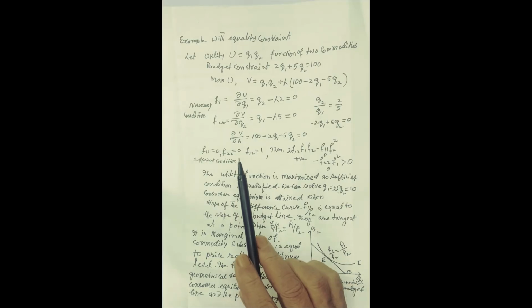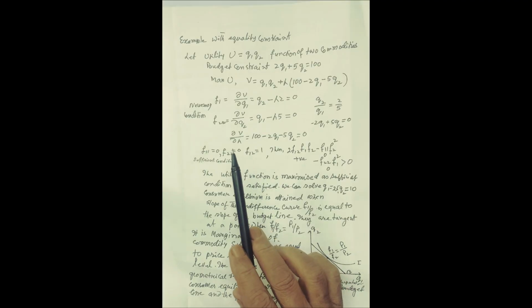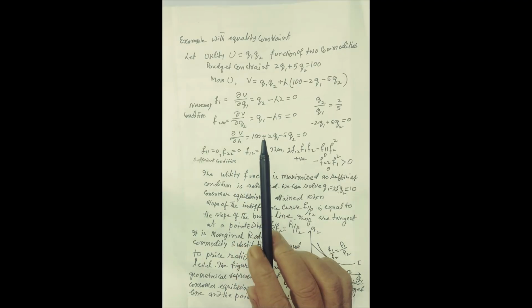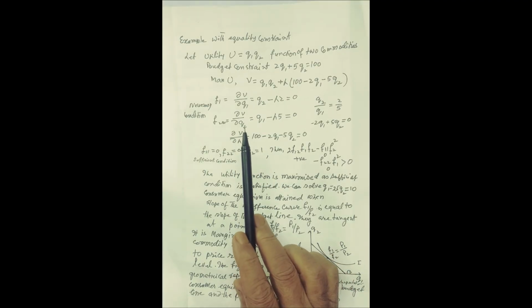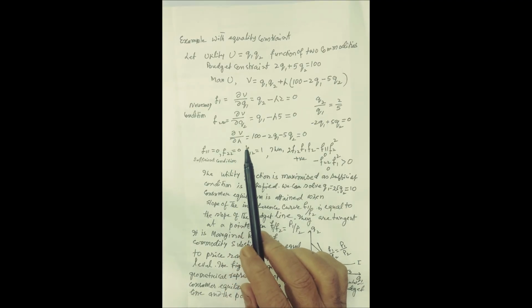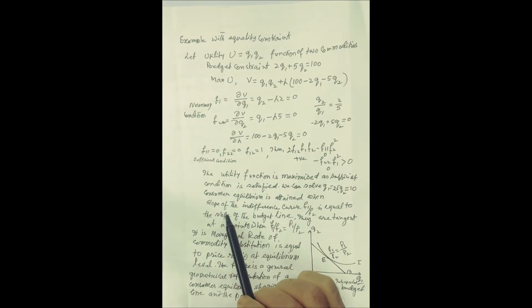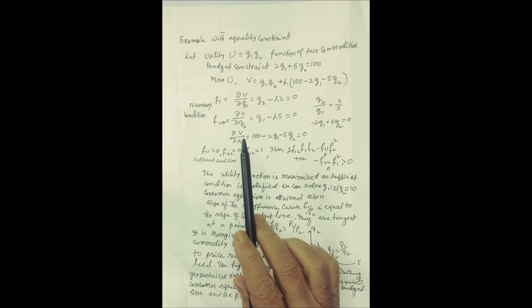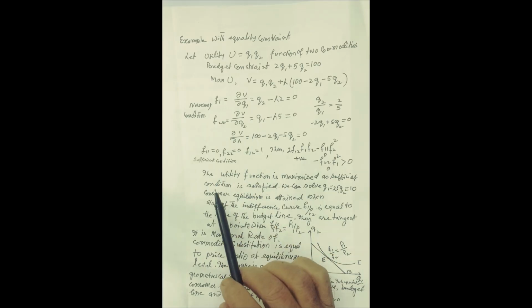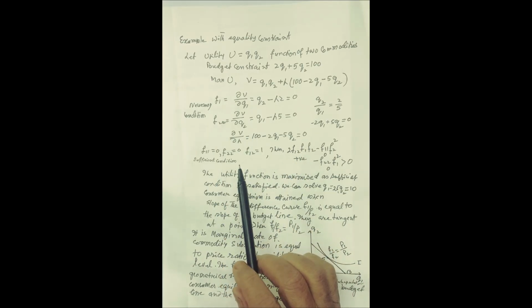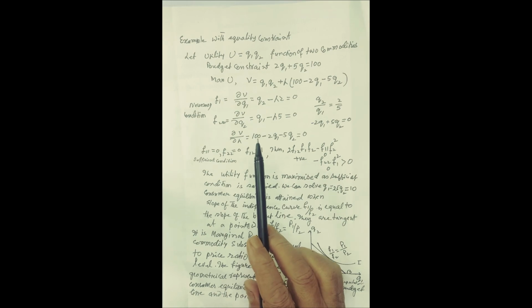Suppose utility U is a function of Q1 and Q2, and the form is given here: Q1 into Q2. The function is specified, a function of two commodities. Now the consumer has a budget constraint.